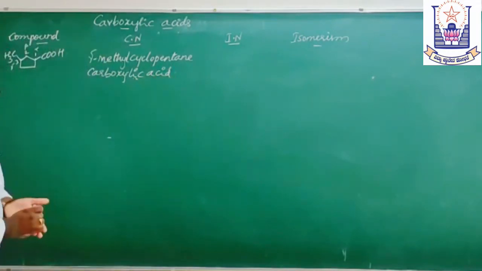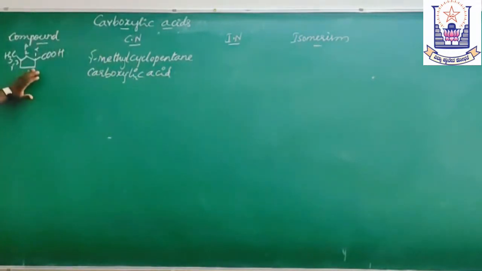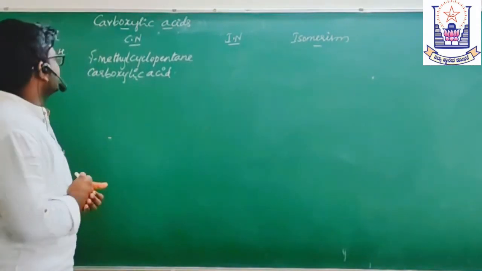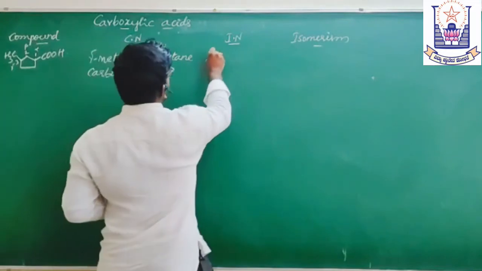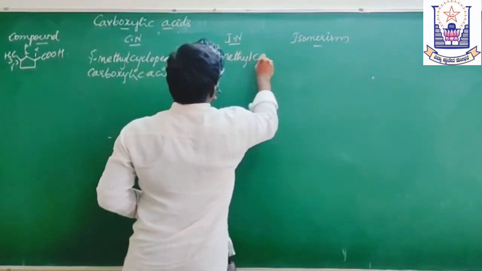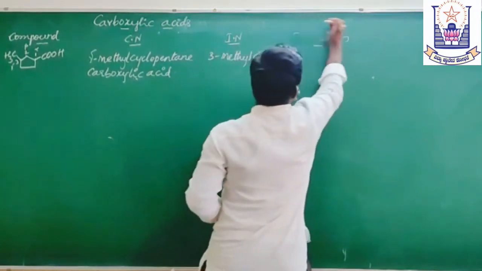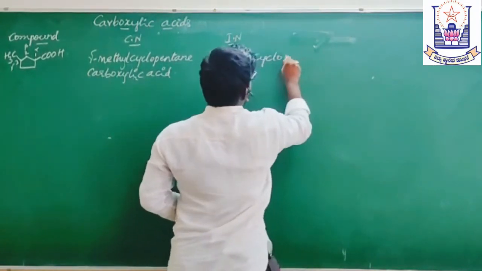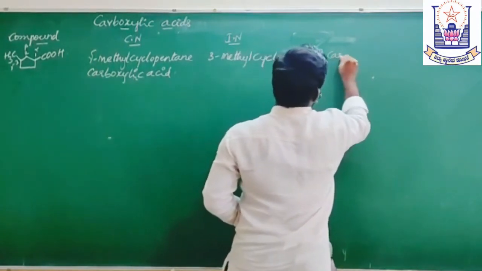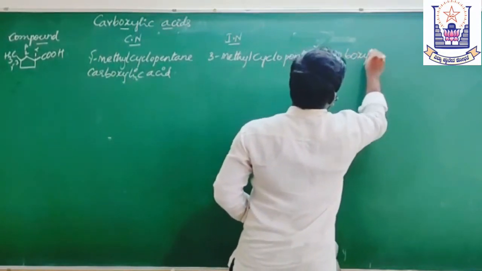In the IUPAC system, in the place of gamma we are putting just 3. Okay, the remaining is the same. 3-methyl cyclopentane carboxylic acid.